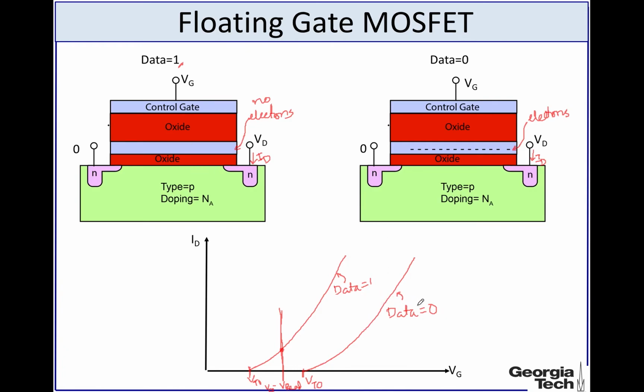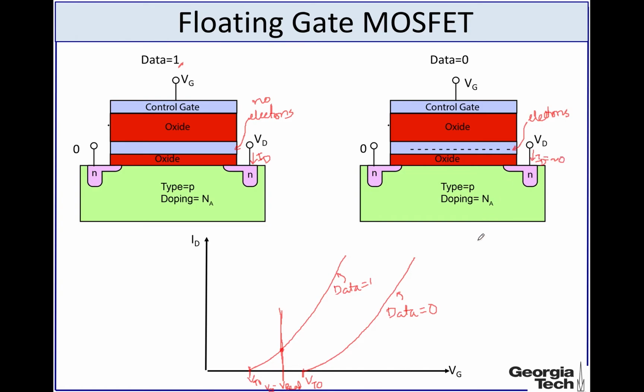On the other hand, when the data is 0, the Vg equal to V read is smaller than the threshold voltage of this device when it's holding a data value of 0, and as a result, in that case, the drain current that will be flowing through will almost be equal to 0.